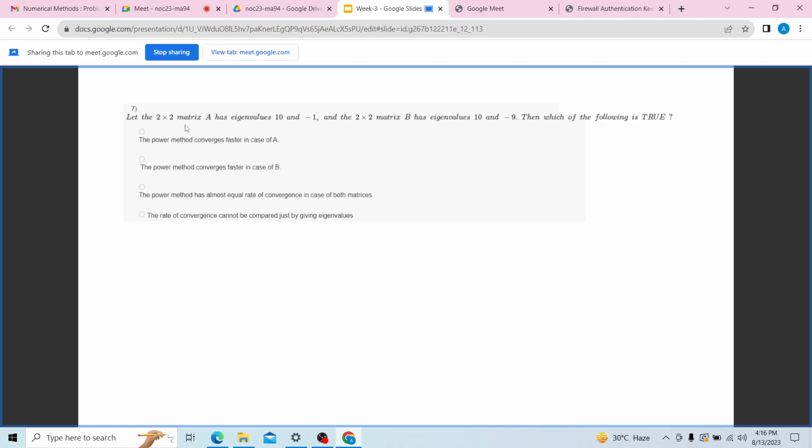Here, as you have been given only the eigenvalues of matrices A and B, you first have to determine whether, by using the power method and just the eigenvalues, you can determine which has the faster rate of convergence, and if so, which one: A, B, or both have equal rate of convergence. So find it and let me know.